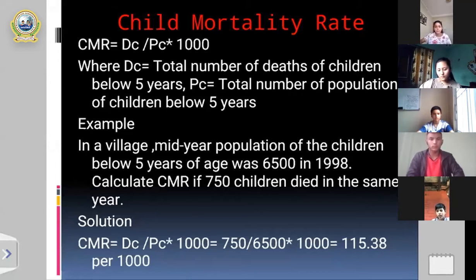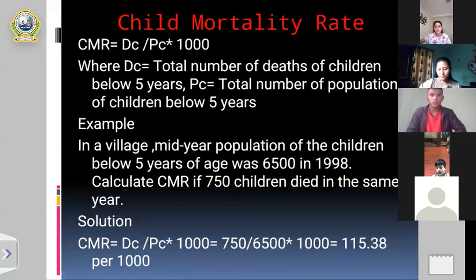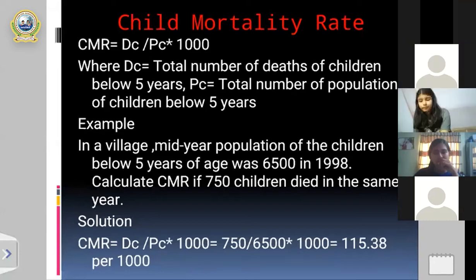Before discussing the formula, first, child means under the age of 5, my dear students. Mind it, infant is under the age of 1 or below the age of 1, and child is below the age of 5 or under the age of 5, that's the child mortality rate. And mortality means, as I told you, death rate.